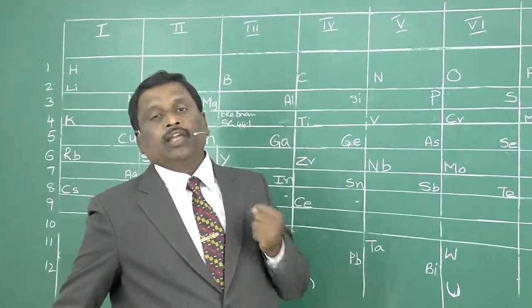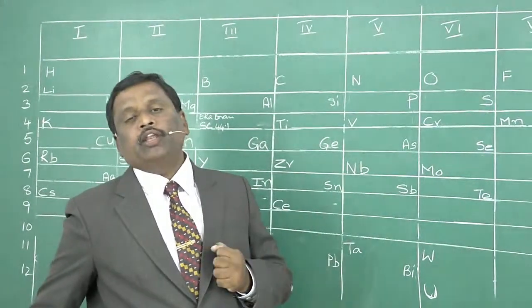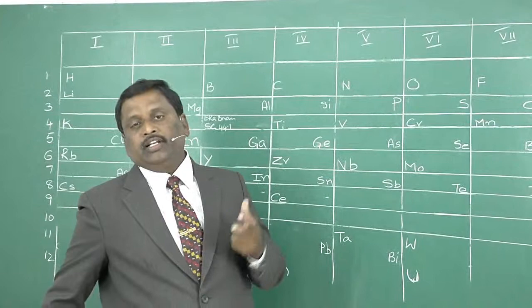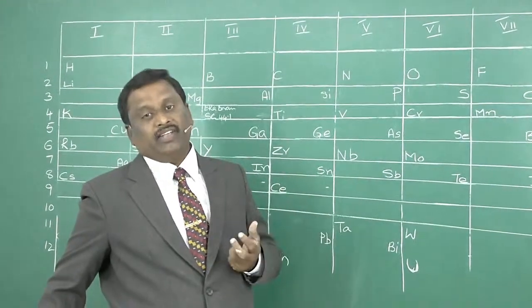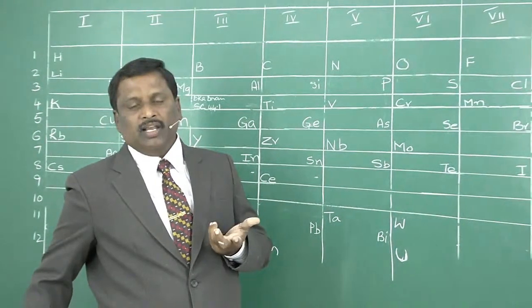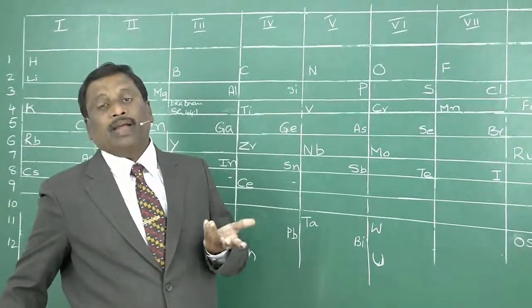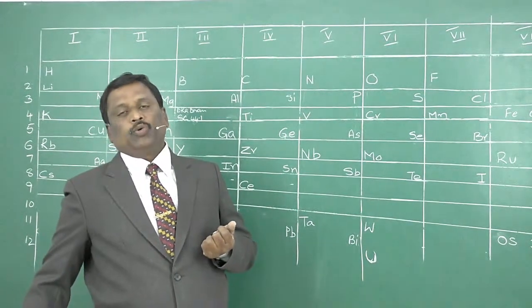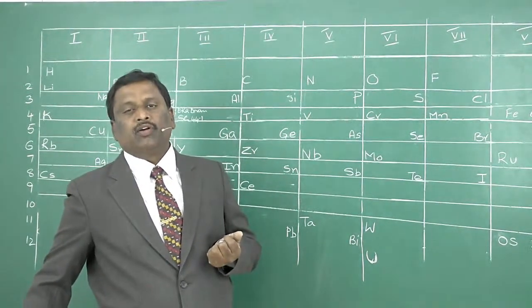That's why, though nowadays Mendeleev's periodic table is not suitable for us, it gave a great privilege for scientists to discover new elements and arrange them in different patterns. These are the important characteristic properties of Mendeleev's periodic table.